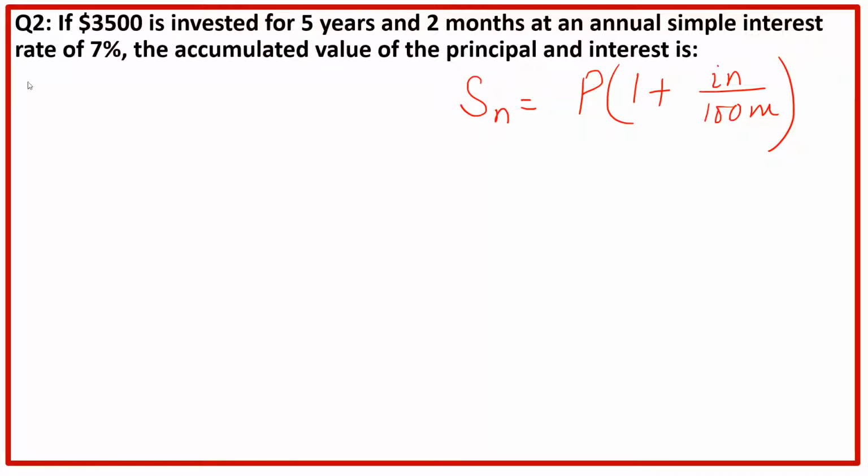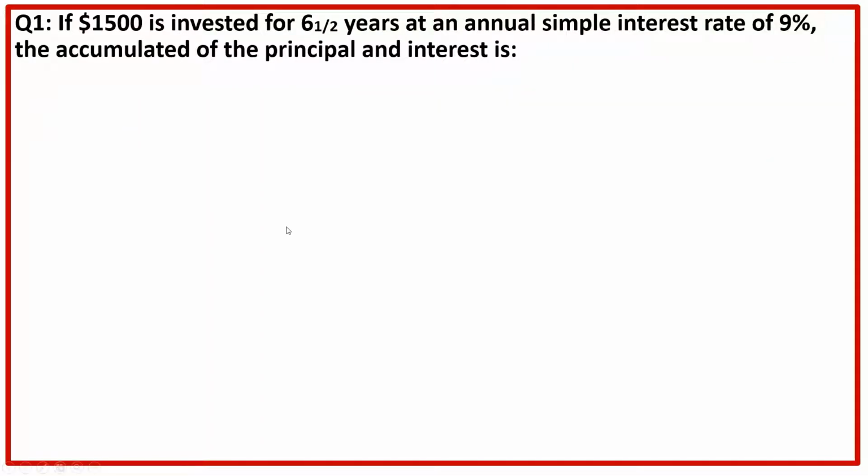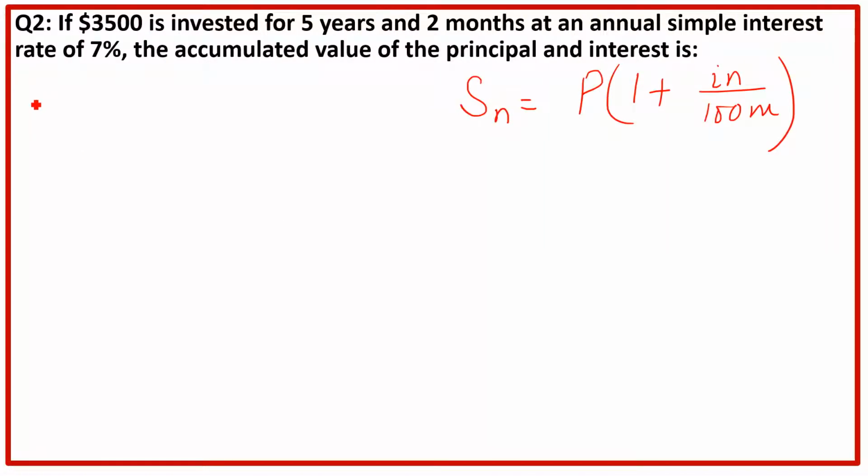And here I will write down the data. P is equal to 3,500, which is given. I is 7%. M and N I will show you how to find.